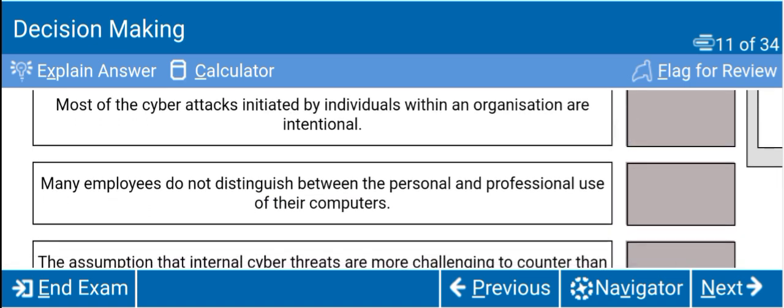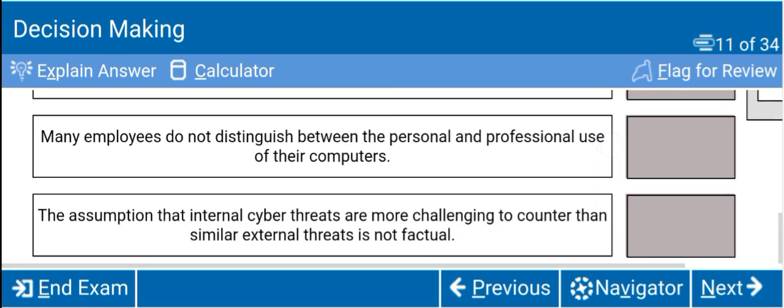Many employees do not distinguish between the personal and professional use of their computers. The assumption that internal cyber threats are more challenging to counter than similar external threats is not factual.